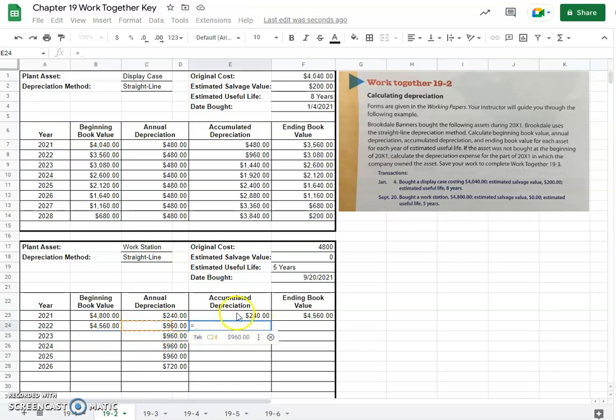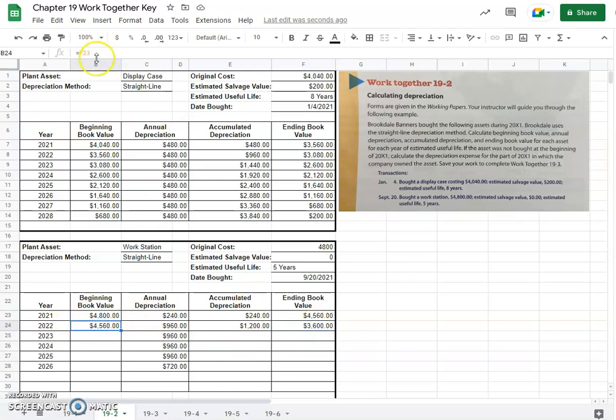So your accumulated depreciation is your previous year's accumulated depreciation plus depreciation for that year. Ending book value is beginning book value minus your annual depreciation, which leaves you with 3,600 at the end of that second year.